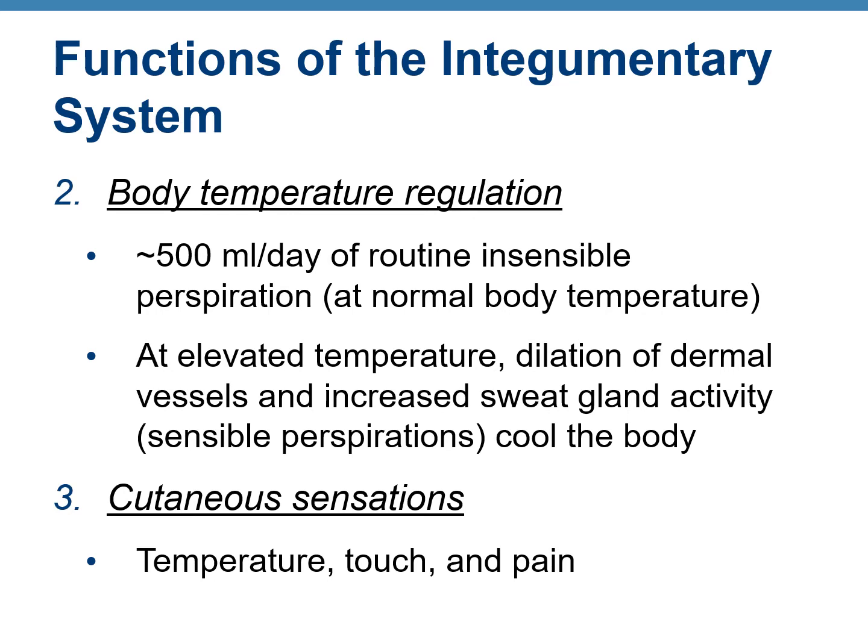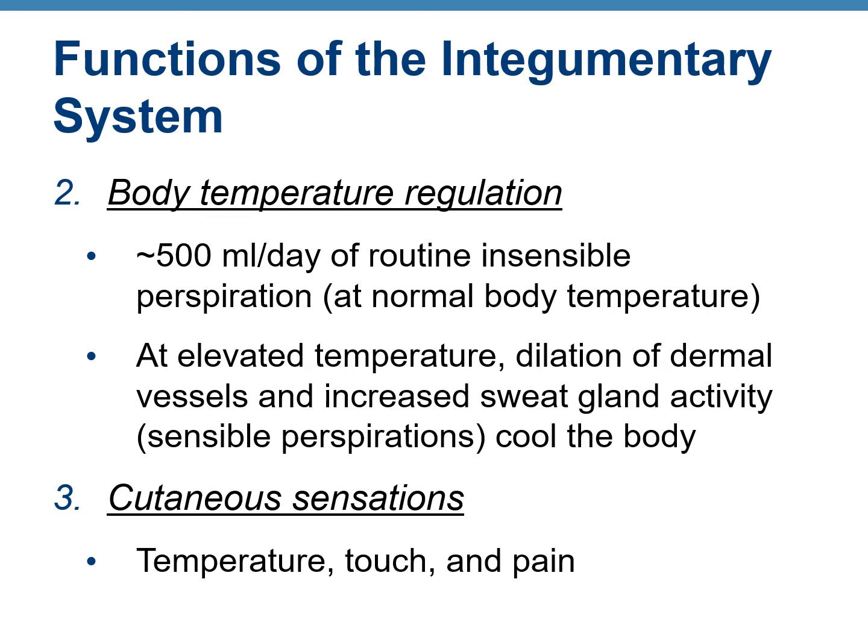Another function of the integumentary system is body temperature regulation. Actually, you lose quite an amount of fluid from your skin. It's called perspiration, and it's evaporation from your body surface, about 500 milliliters per day.